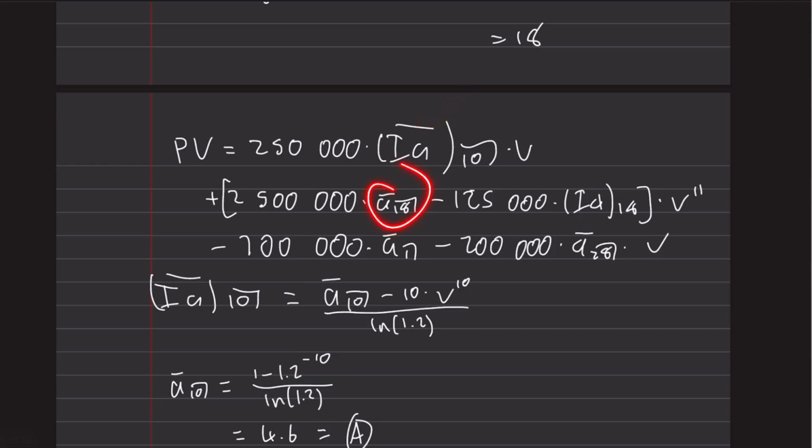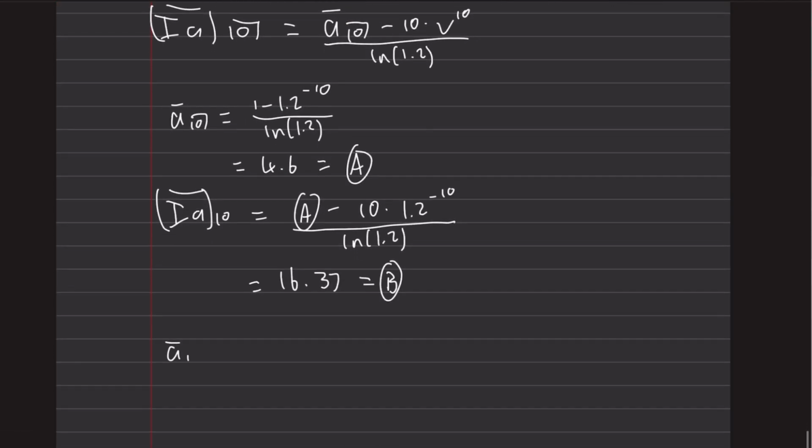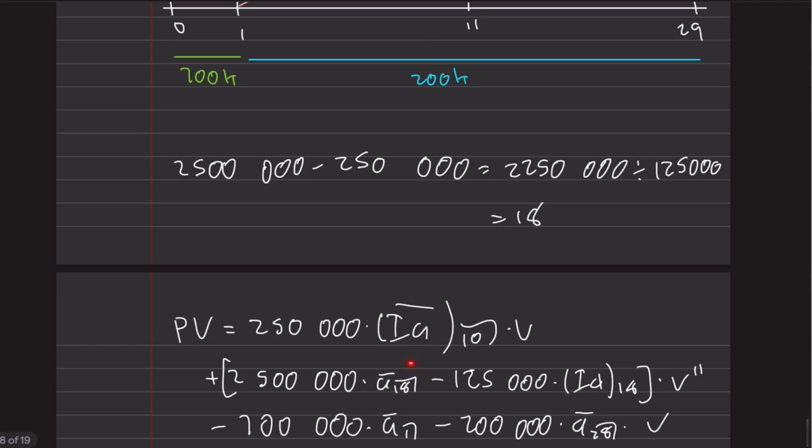Now we need to do this. So let's work out what a continuous annuity for 18 years is. It's going to be 1 minus 1 plus i to the power of negative n over delta, which is the natural log of 1.2. Okay, that's going to give us 5.28, and let's store this as C. Cool, so we've got this now. Now we just need to work out this.